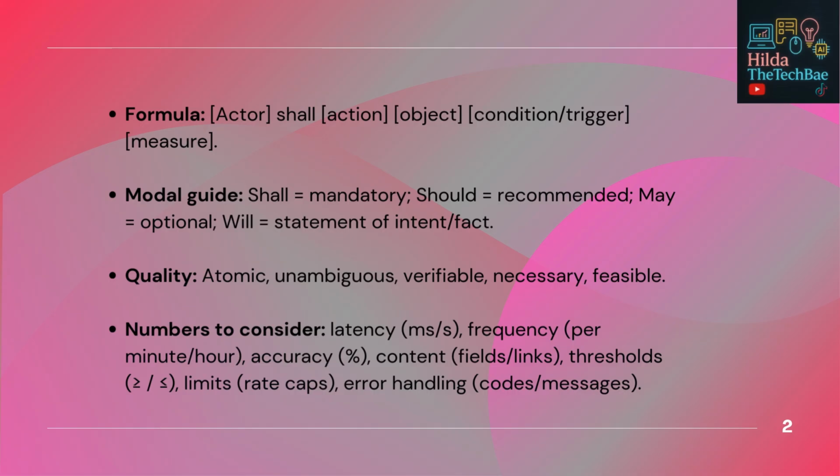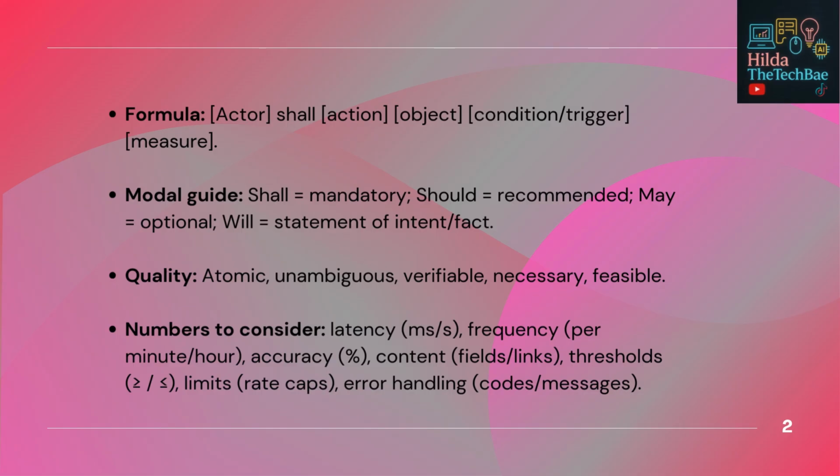So try this: the notification service shall send an email and in-app alert upon final approval within 60 seconds, including pickup location and setup checklist link. You see how the actor, the trigger, and the timing make it crystal clear? I'm telling you, your quality assurance testers will love you when you write requirements like this.